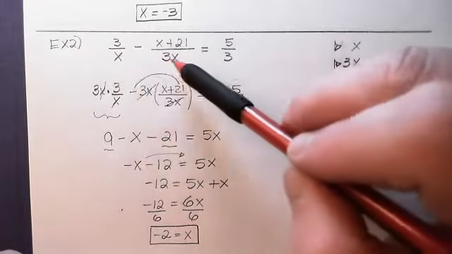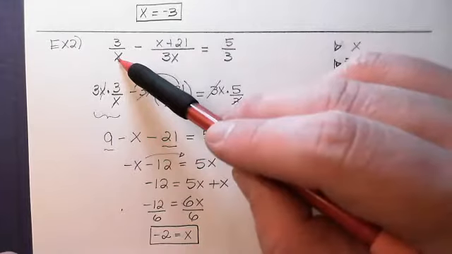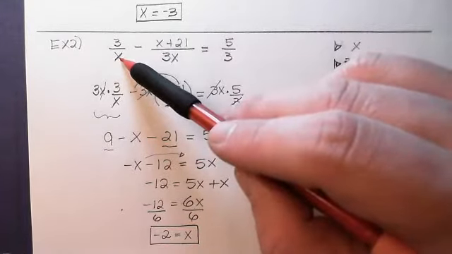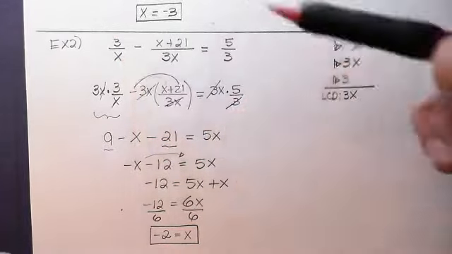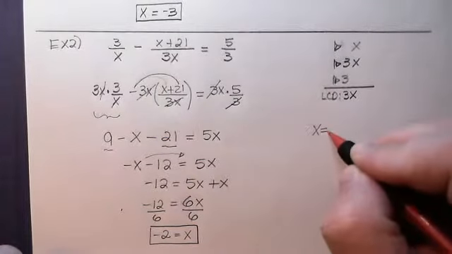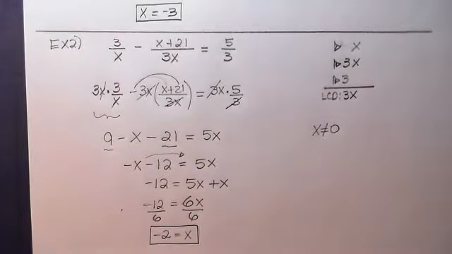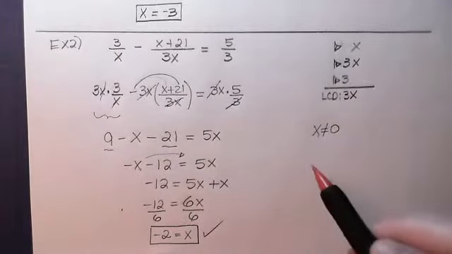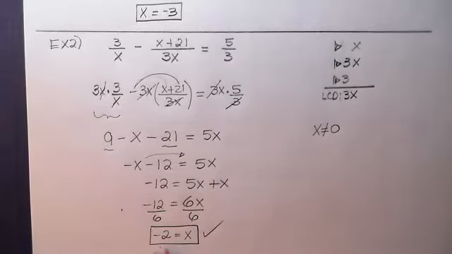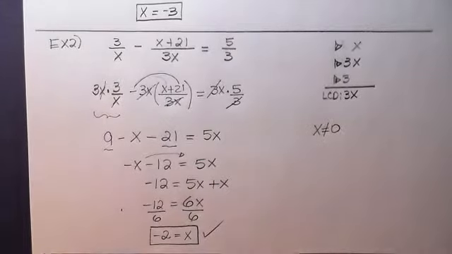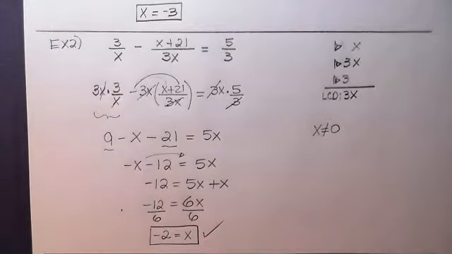The only time that this denominator would become a 0 is if x equals 0. So the only value that x cannot be is 0. And since my answer is x equals negative 2, this is a valid answer. Now if this answer had been x equals 0, this would not be a valid answer, and you would have no solution. But that's not the case here. I'm just letting you know that every time you have x on the denominator, you need to check what the valid values are.